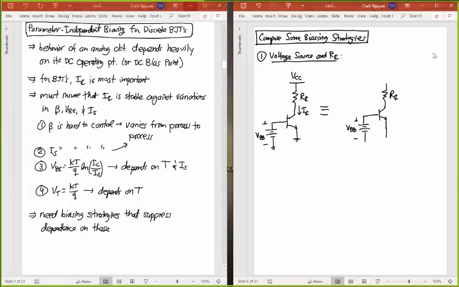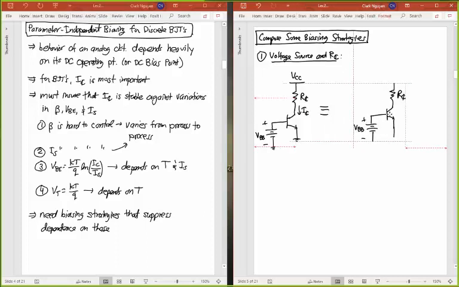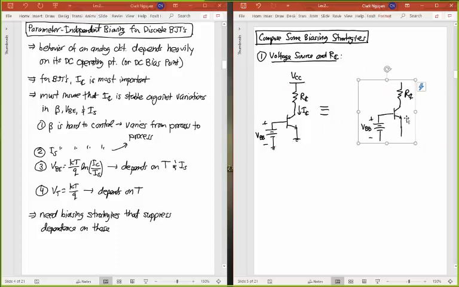That was VBB. And I think I want to move this, give myself a little more space there. And that VCC is actually another voltage source. And all of those then go to the same common ground that I have out here. But this voltage source is VCC.